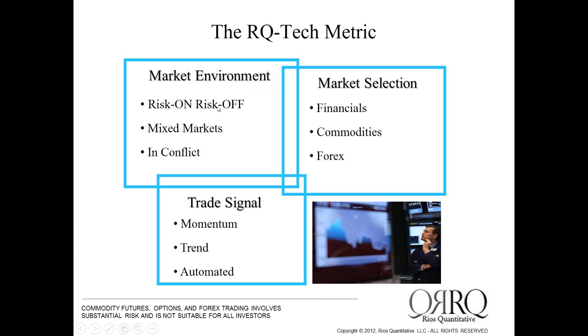Is it risk on or risk off, meaning buying equities or selling equities? Is it mixed, where equities and treasuries are trendless, sitting almost unchanged? Or are they in conflict, where both equities and treasuries are going up or down at the same time, which has been the paradigm of late?